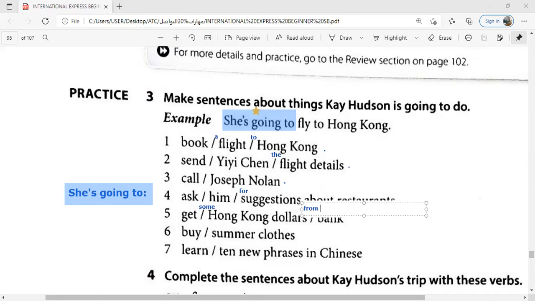From the bank. دي كمان أداة تعريف. من البنك. She is going to buy some summer clothes and she is going to learn 10 new phrases in Chinese. We don't have to add anything to this sentence. So this is going to be complete.